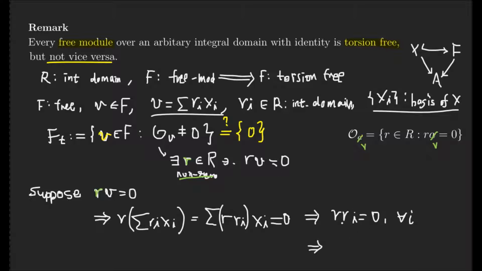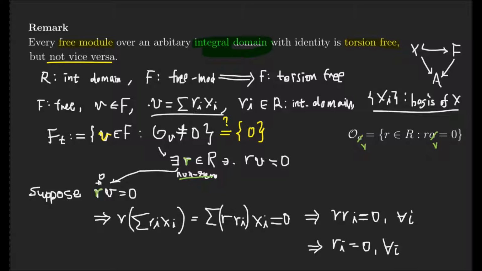But R and Ri are elements in an integral domain, and this condition is important. We chose R as a non-zero element, so in an integral domain the only way the equation is satisfied is Ri being 0 for all i.